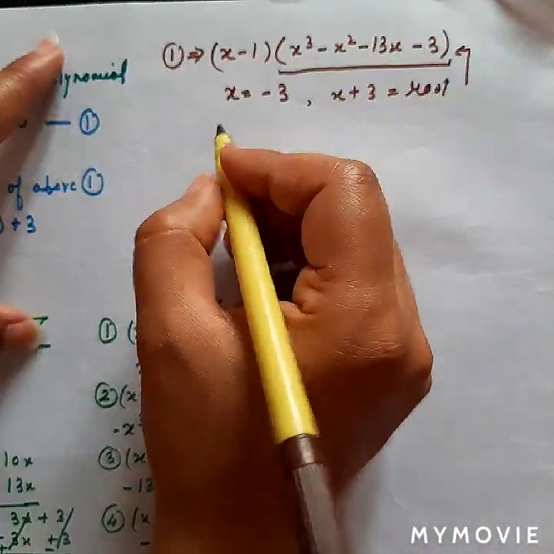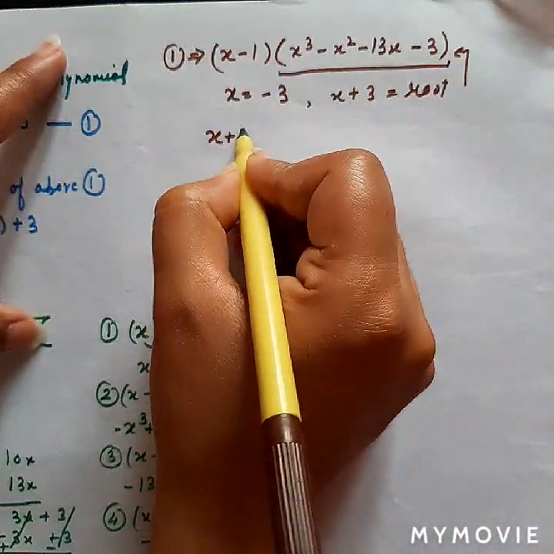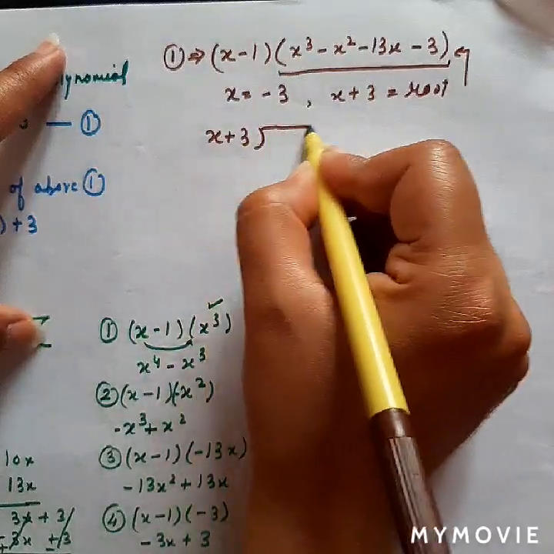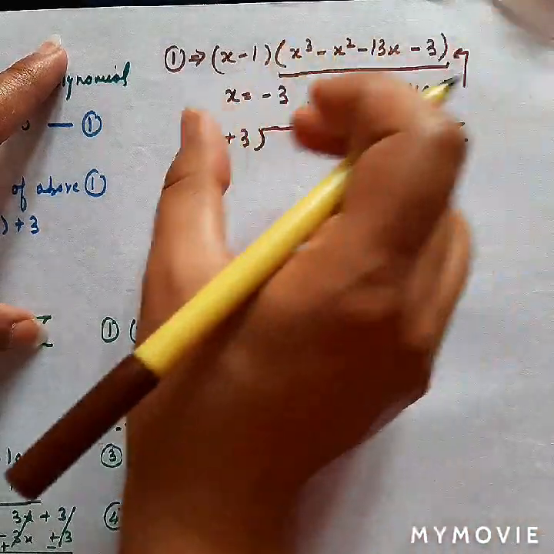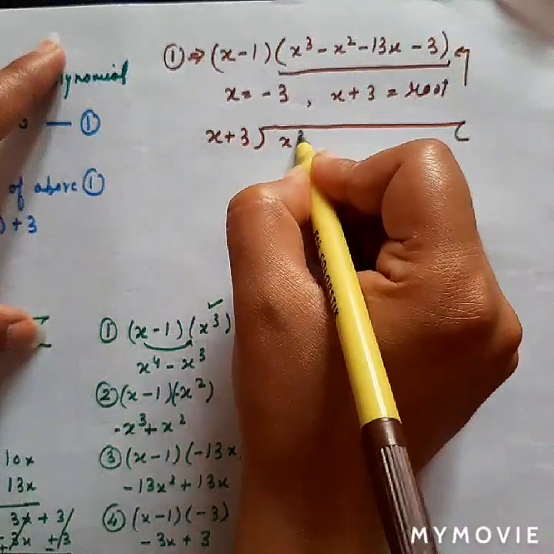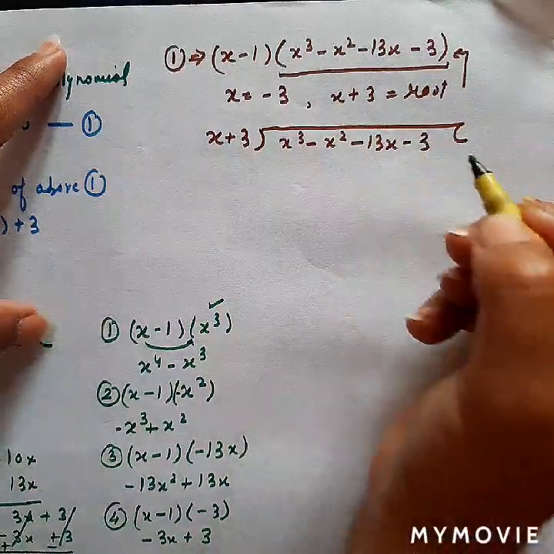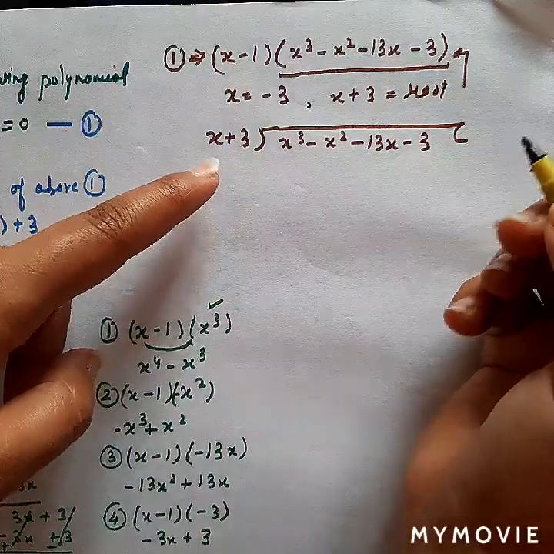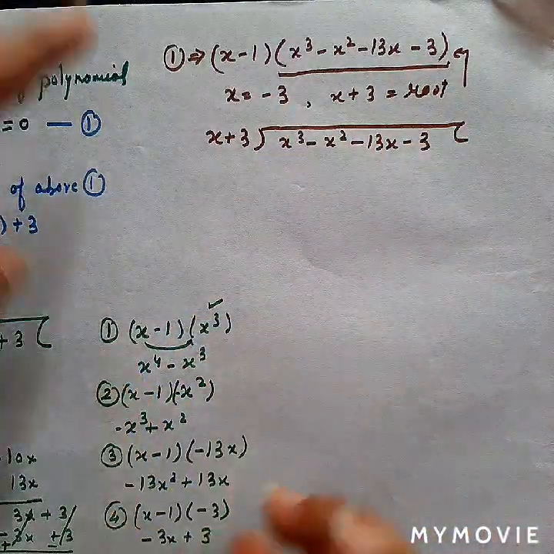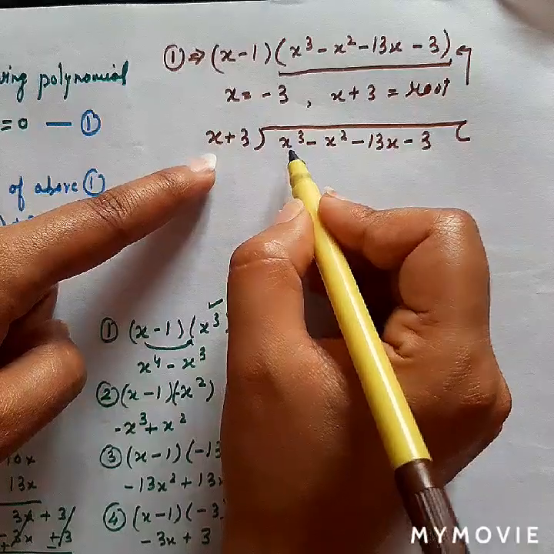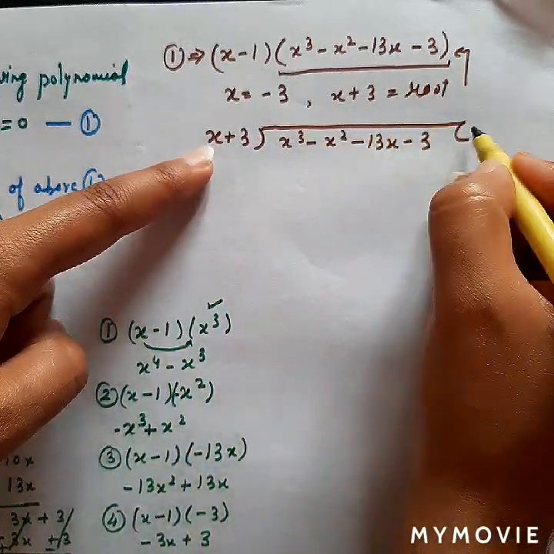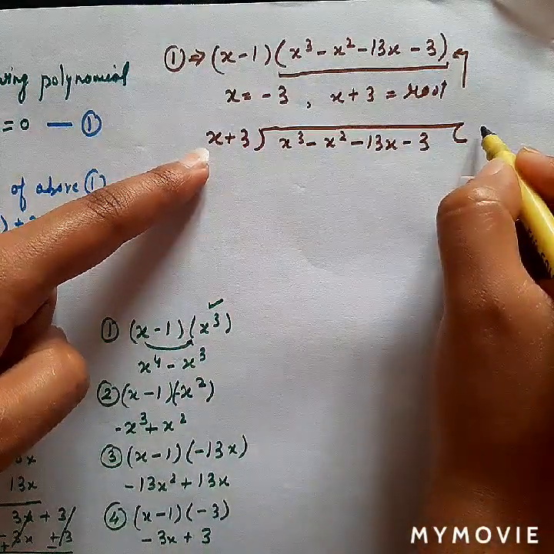In the previous method, same, I will divide this polynomial, x cube minus x square minus 13x minus 3, by x plus 3. So in the same way I will follow the same procedure that I have followed here. I need to cancel out x cube, so I need x square here.